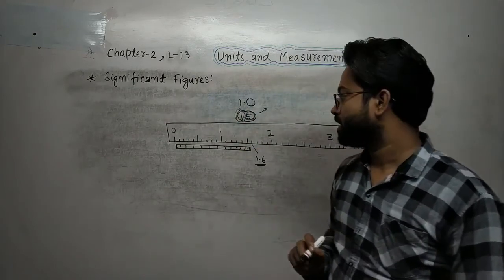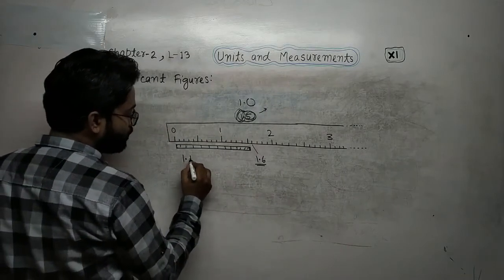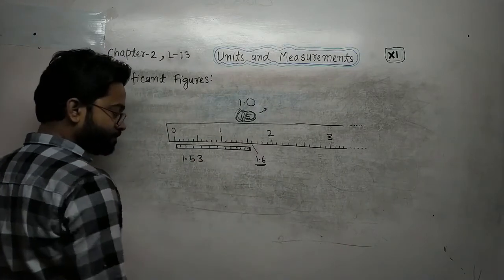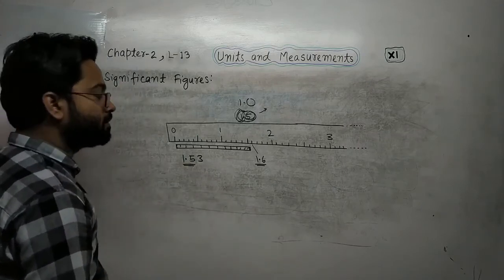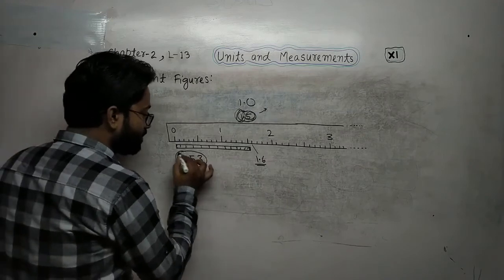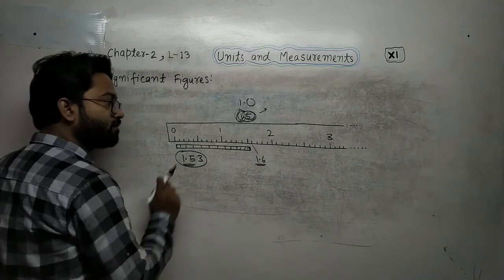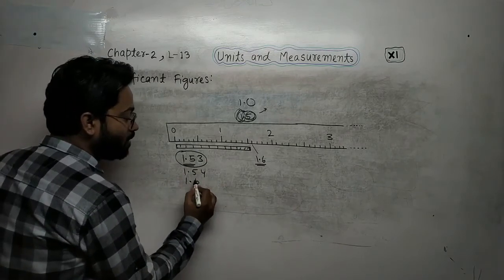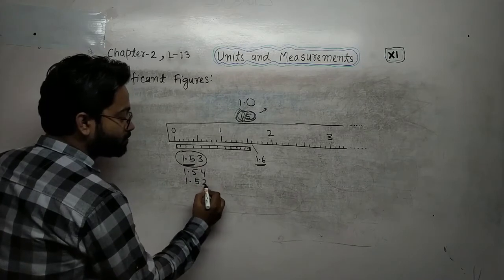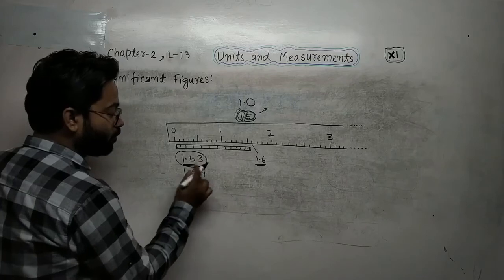Hope you are getting it. If we have 1.53, that means 1.5 is confirmed. Let us suppose this is the length of the stick, 1.53. It may be 1.54 or it may be 1.52. Sorry, 1.53 and 1.54.